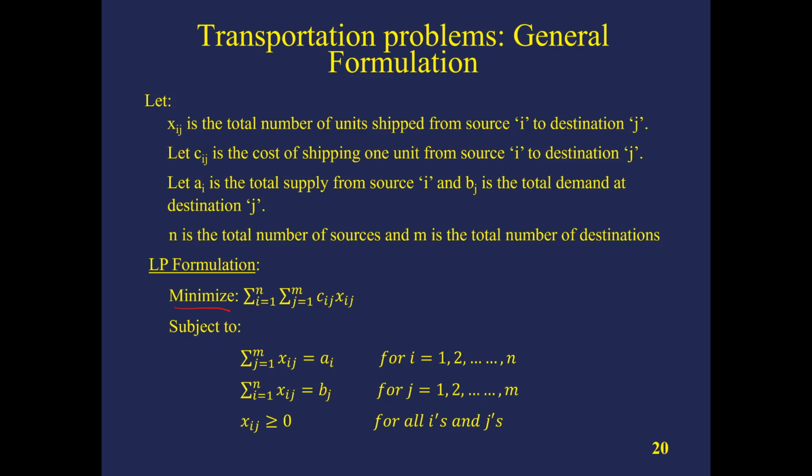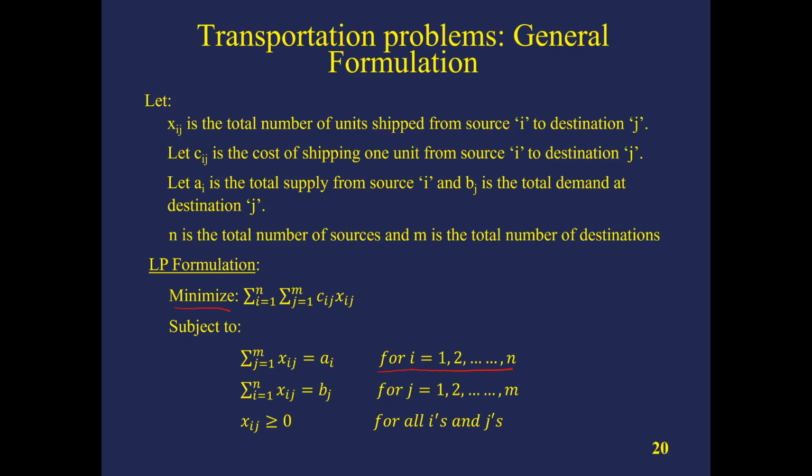the number of units transported, summed over j equal to 1 to M, where M is the total number of destinations, for each i equal to 1 to N, should equal Ai, which is of course the total supply from source i.